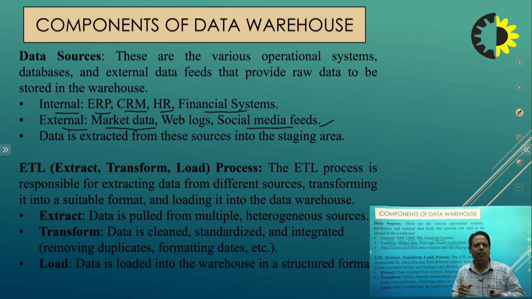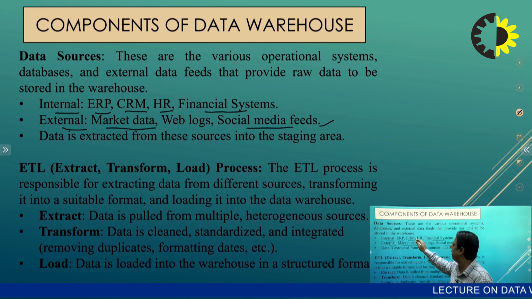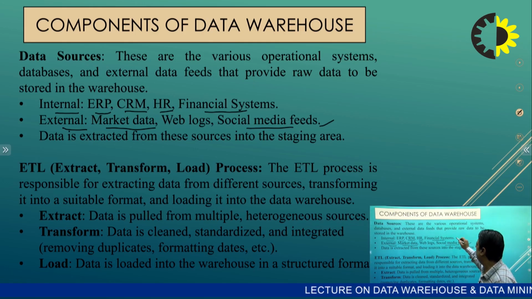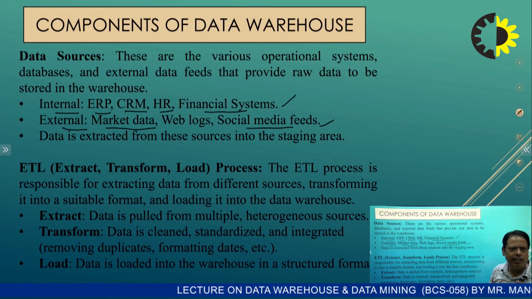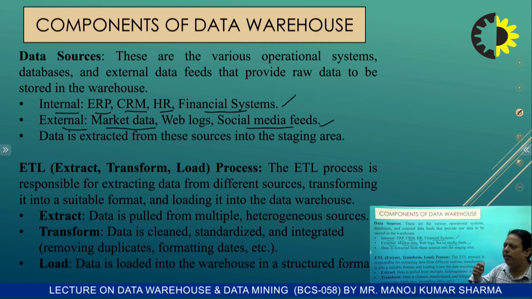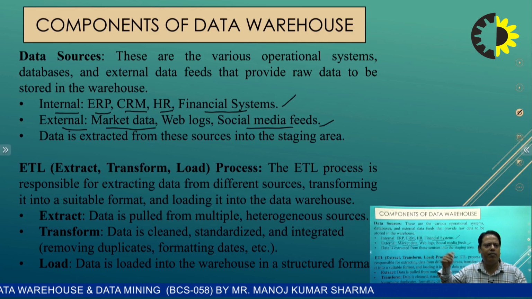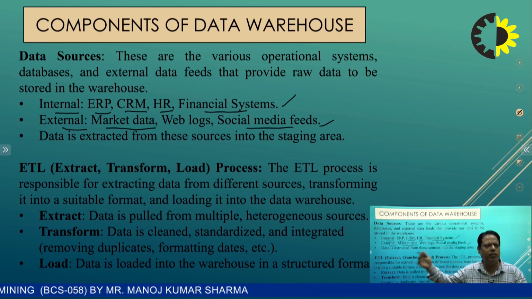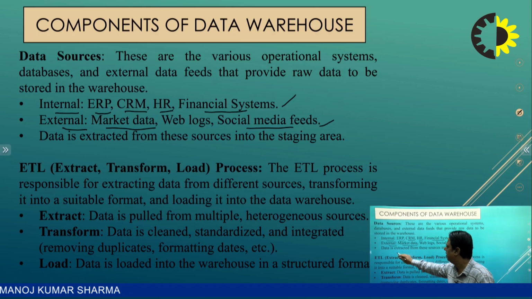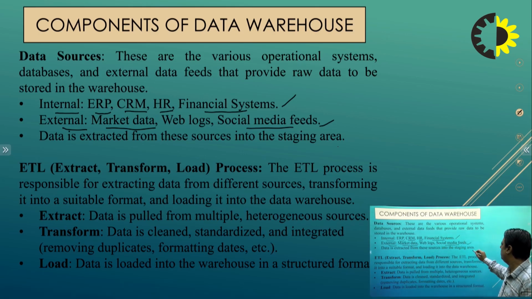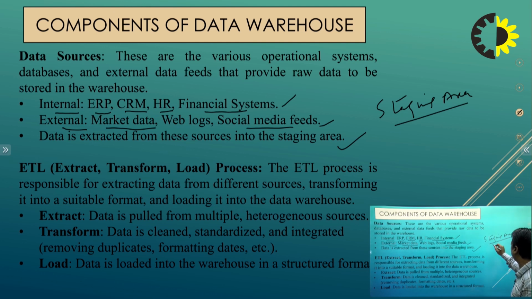Within an organization, if you fetch and extract data from ERP systems, CRM, and HR, that data type is called internal. And in external systems, we extract data from the market, social media sites, and e-commerce websites. That is called external data. Data is extracted from these sources into the staging area. The staging area is a main key component in a data warehouse because the ETL process happens in that area.